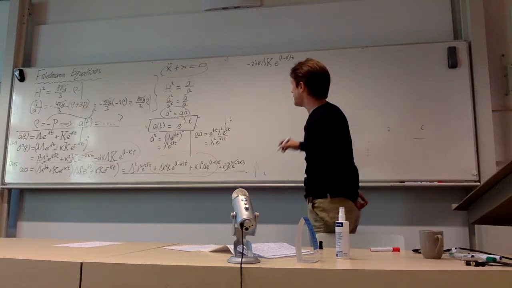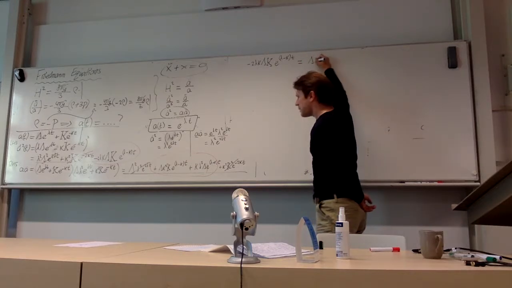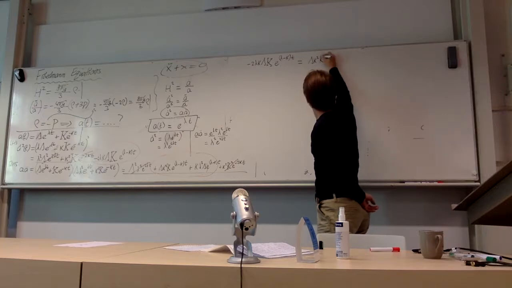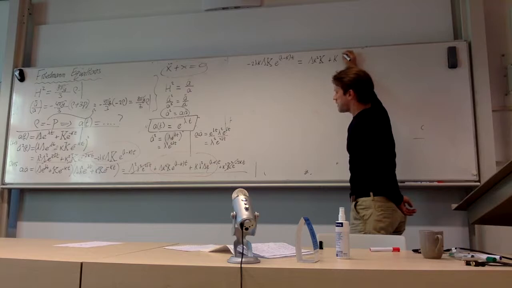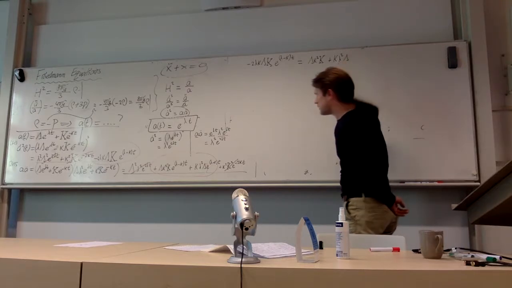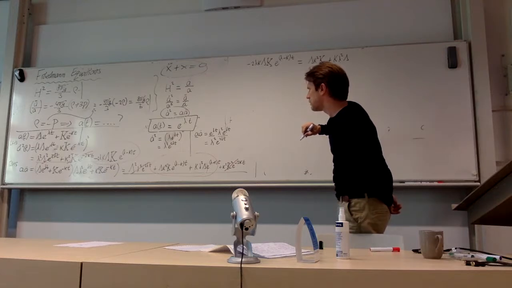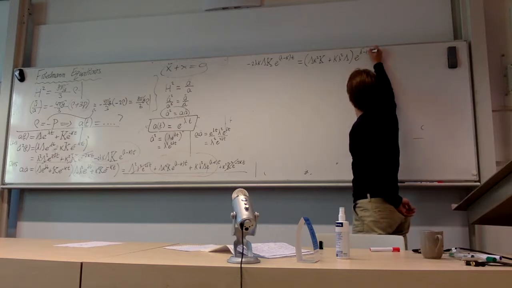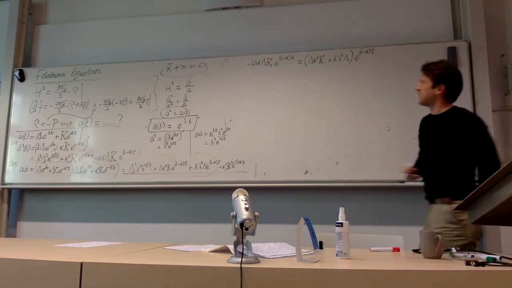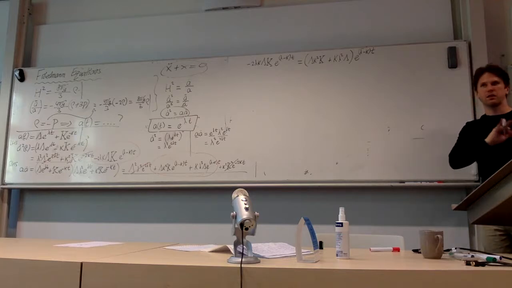And our right-hand side, as we saw now, is big lambda, small kappa squared, big kappa, plus big kappa, small lambda squared. Yes, okay. There you go, e to the power lambda minus small kappa t. If we can make this work, we are good.